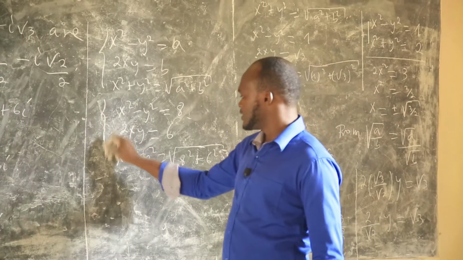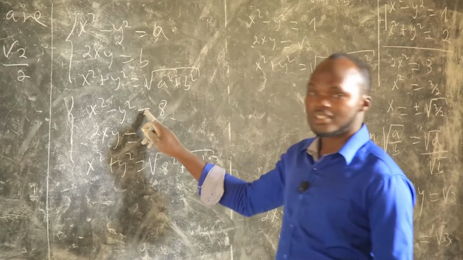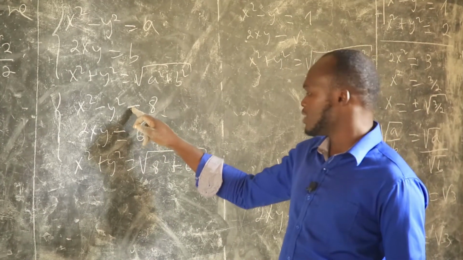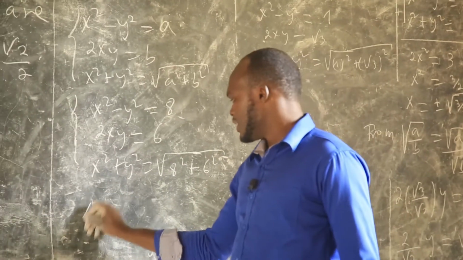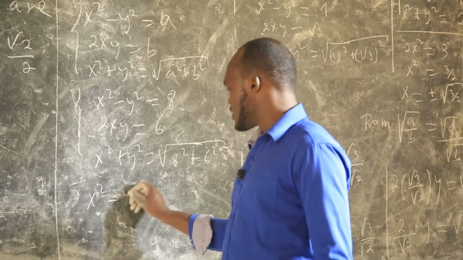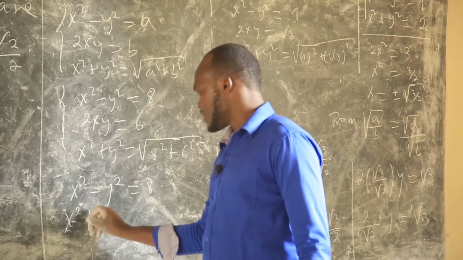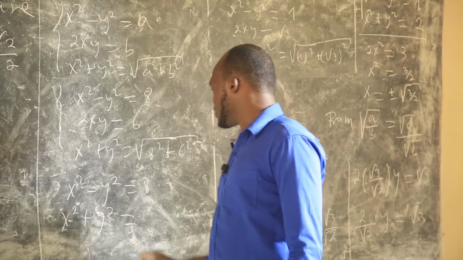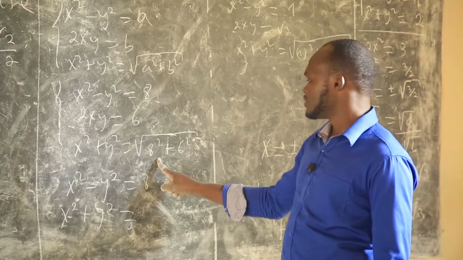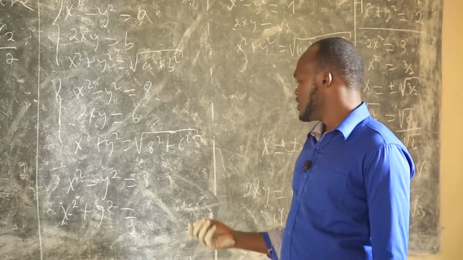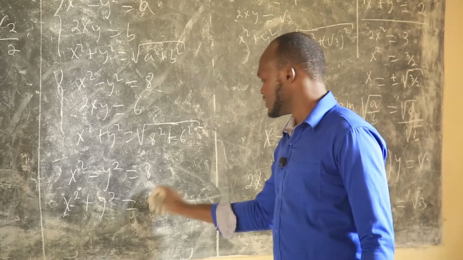So meaning that we're going to use equation 1 and equation 3. x squared minus y squared will be equal to 8. x squared plus y squared will be equal to, this is 64 plus 36, 100. Square root of 100, that is 10.